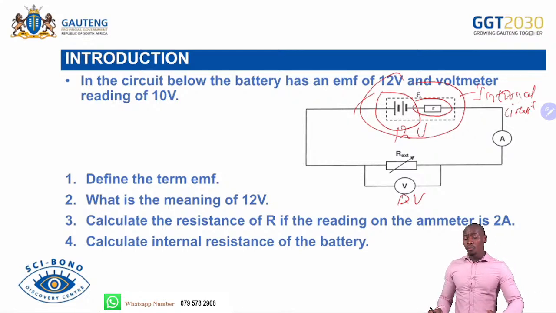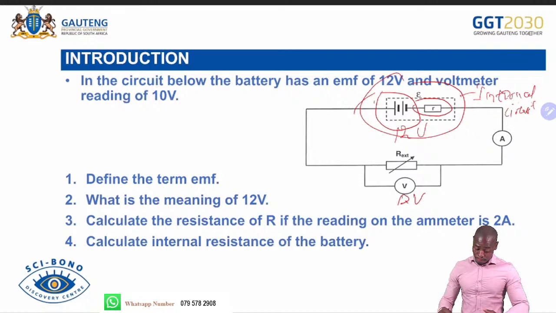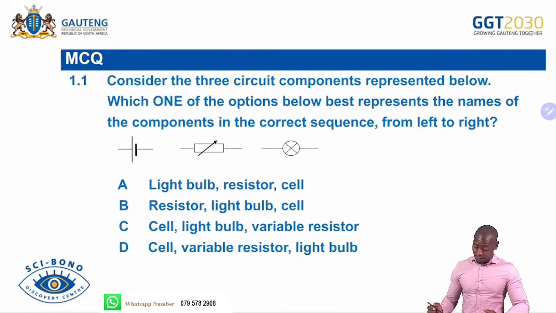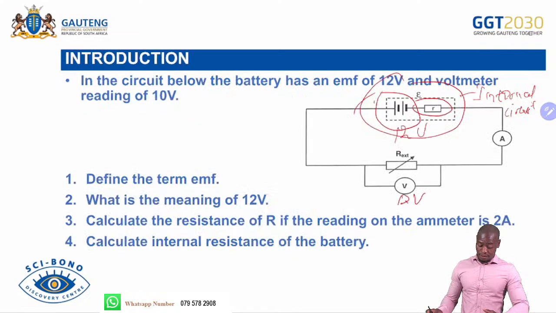Now, what is important here, so that you'll understand this better: let's say you are having a voltmeter connected across the terminals of the battery, and let's say the switch here is open.